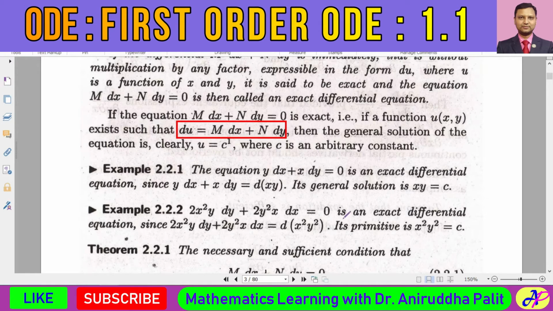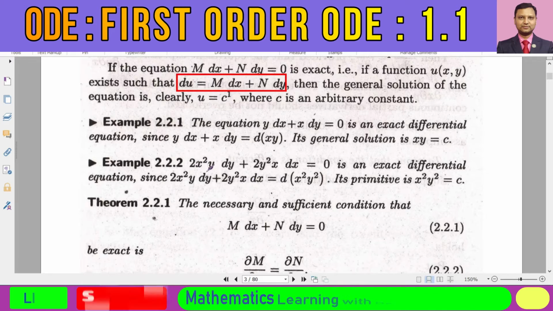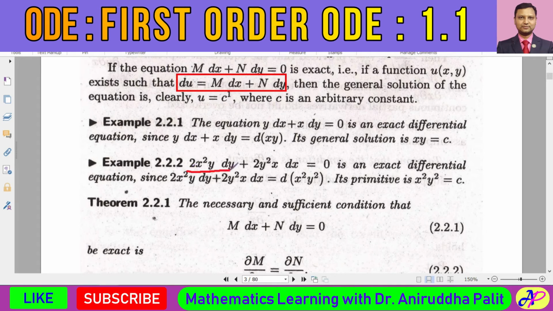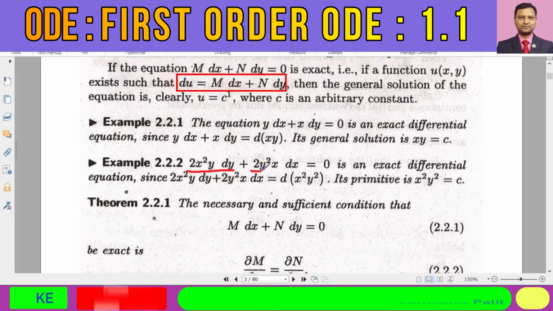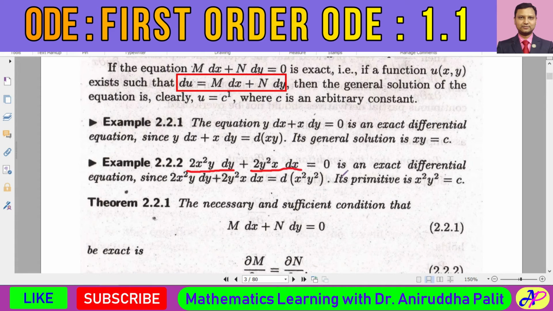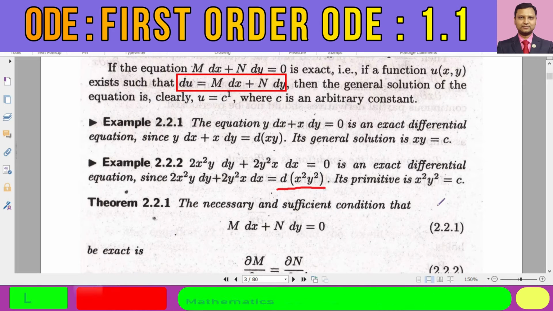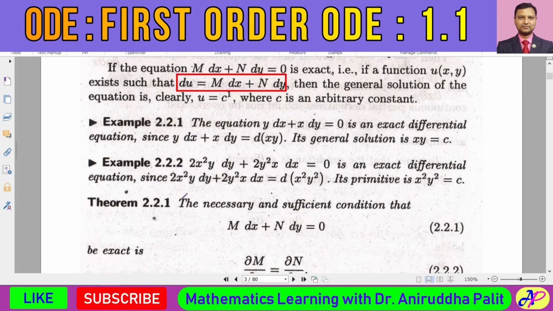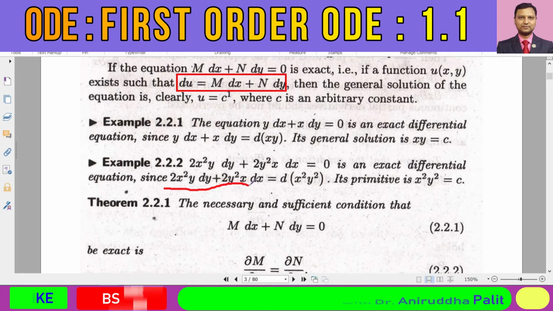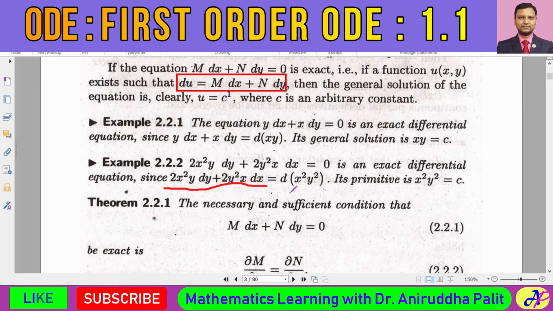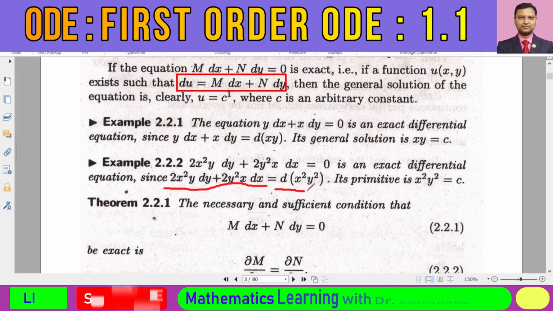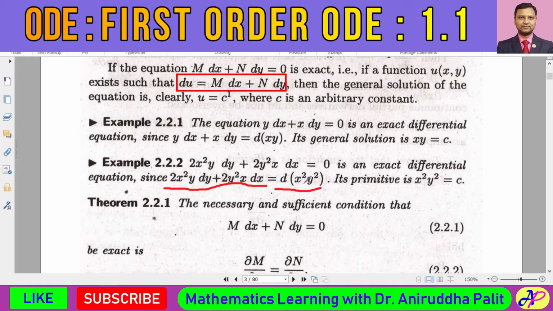You can consider this kind of example as well. You see, 2xy dy plus 2y square x dx. This expression can be written as the differential of x square into y square. As this is an expression in the form of M dx plus N dy, it can be written in the form of a differential.